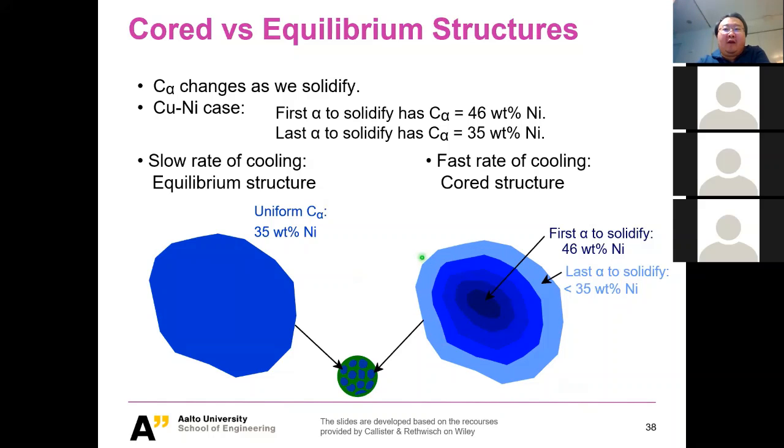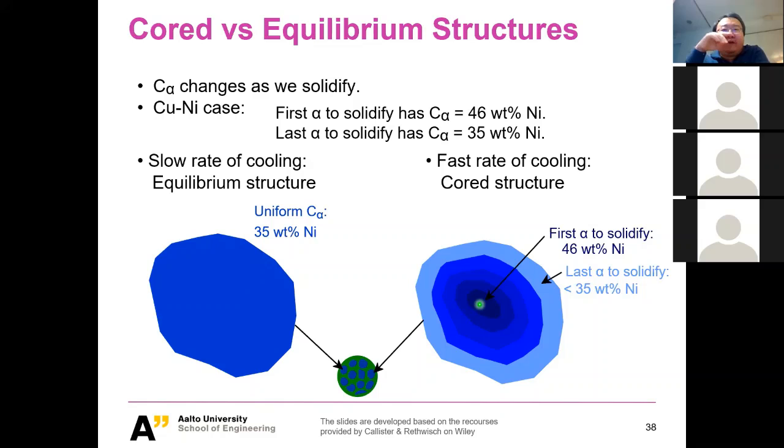As I told you at the beginning, you will form a solid solution with 46% nickel in your solid solution. And then when you cool it down and down, this solution concentration becomes smaller and smaller. In the end, the final layer of your solid will be even less than 35%, because in the core you have more.